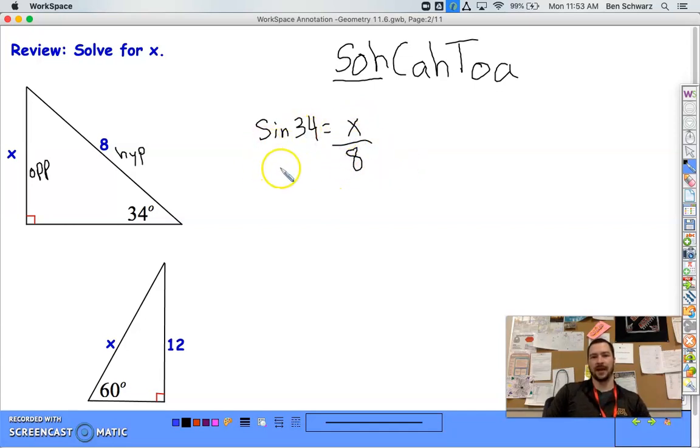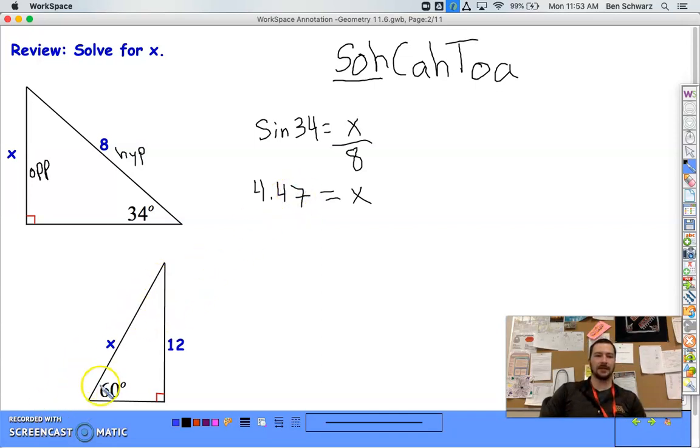Then we multiply both sides by 8. So when we do 8 times sine 34, it comes out to be about 4.47 here, if we go to the nearest hundredth.